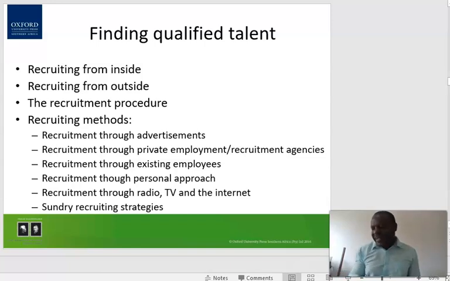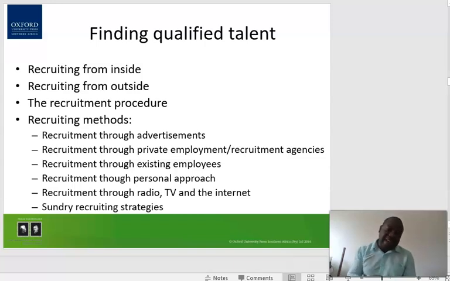So how do we find a qualified workforce? Recruitment can be from inside the organization or from outside the organization. There are advantages and disadvantages of these. Recruitment from inside and recruitment from outside.